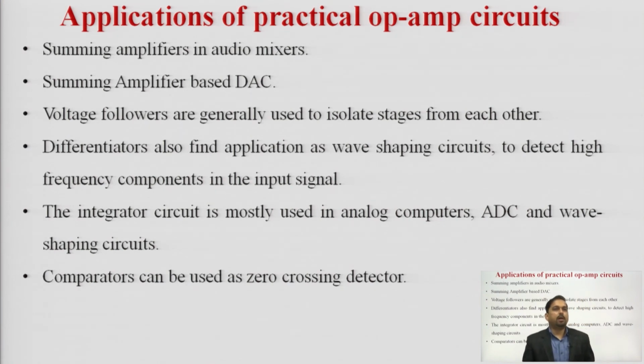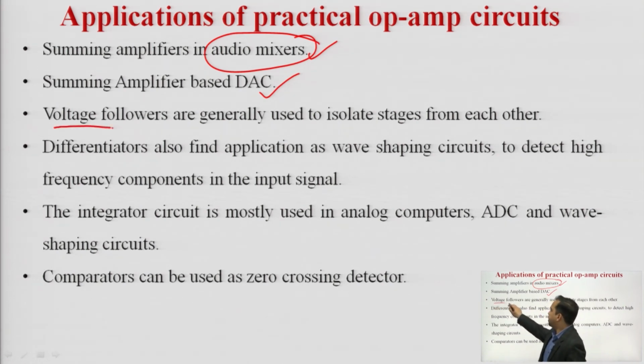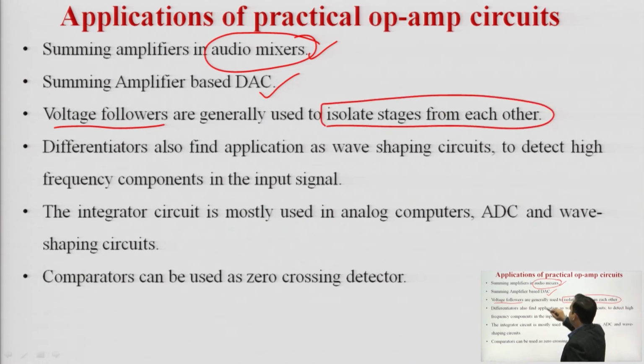We have some applications. We have seen the summing amplifier in audio mixers. Summing amplifier means if you want to add some signals in the audio mixers, we need to add two or three signals at different frequencies, and we can use the summing amplifier. Also the summing amplifier based digital to analog converter, DAC. The voltage followers, we have seen, are unity gain amplifiers, also generally used to isolate stages from each other in impedance matching.